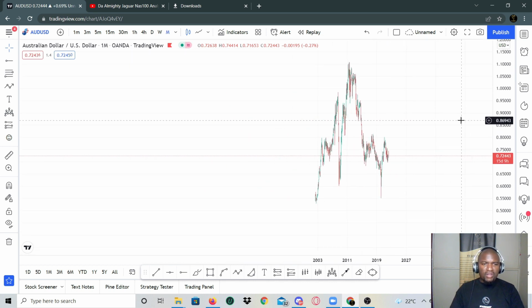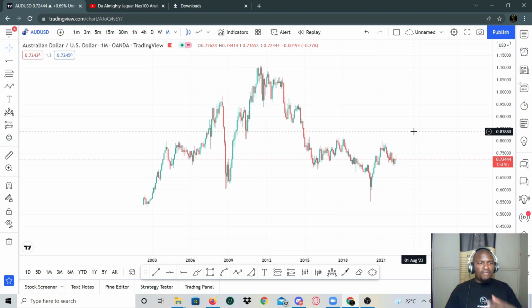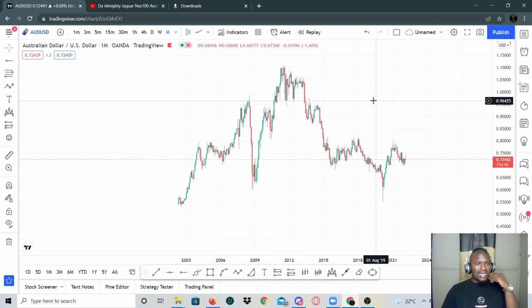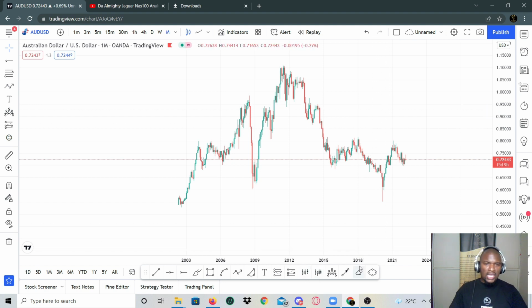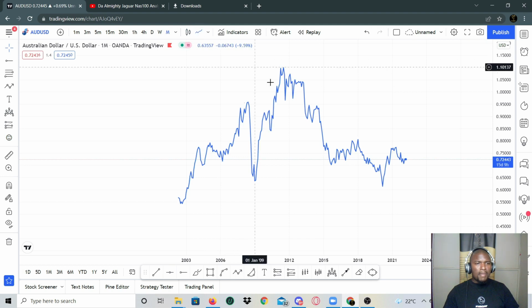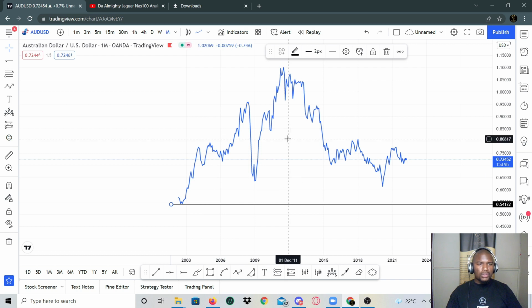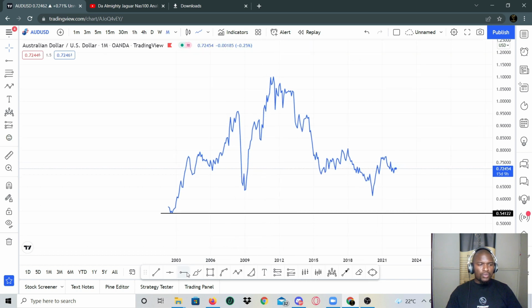So from these levels right here, you can check the price behavior of AUD/USD, meaning you are able to identify what market behavior AUD/USD is having towards us. So without any waste of time, you can check. We mark our lowest low, and we mark our highest high.